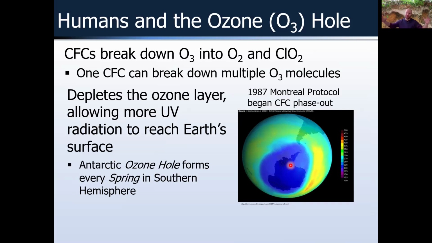As CFCs move with global circulation, and with the separation of climate zones, the Antarctic polar vortex traps the CFCs in this region in certain portions of the year, the spring for the southern hemisphere.